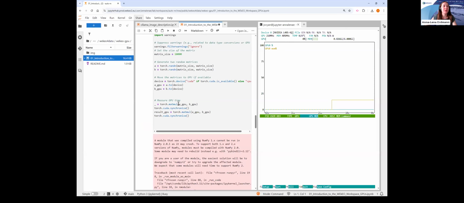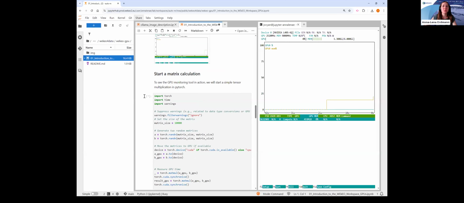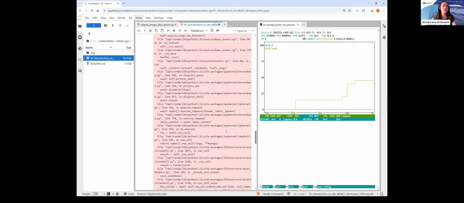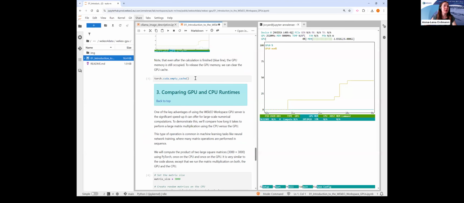Hopefully when we start this multiplication, we see a spike here now in the memory and in the usage of the GPU. When we empty the cache, we should see a decrease in the usage, ideally.